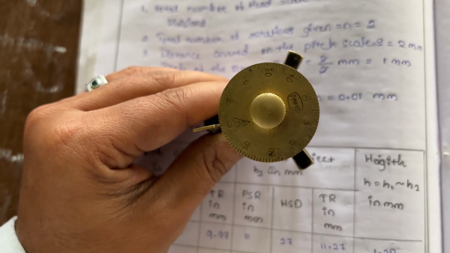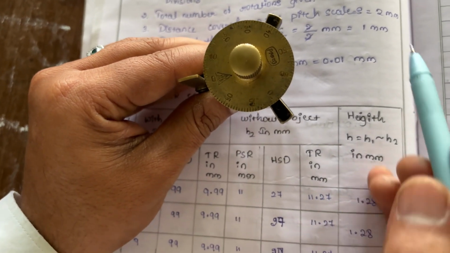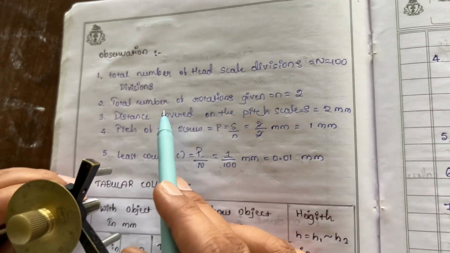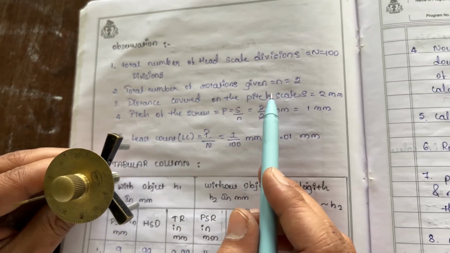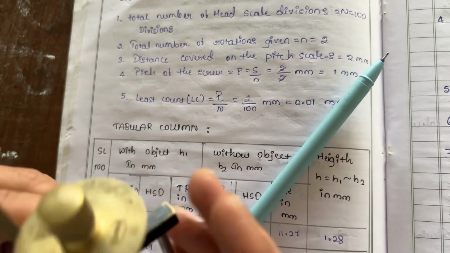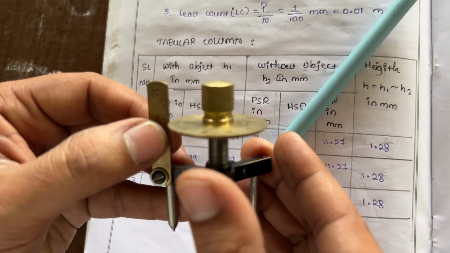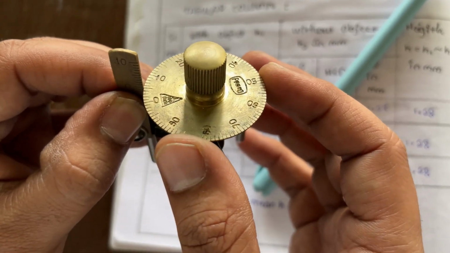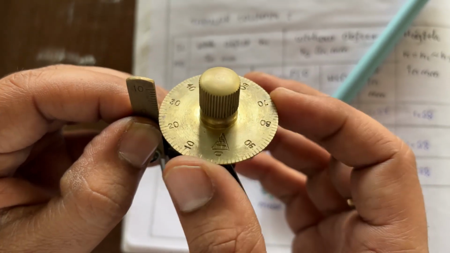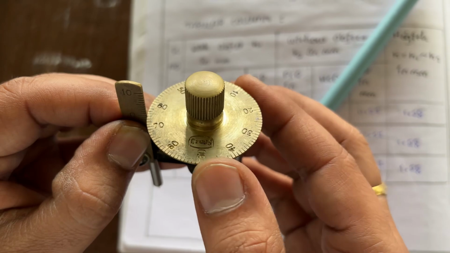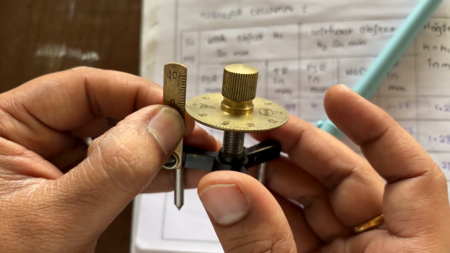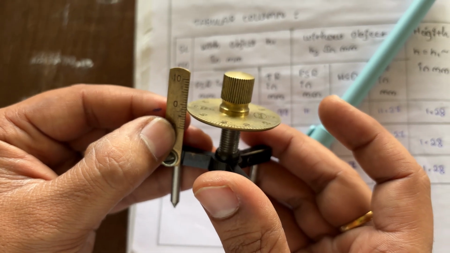The total divisions are 100, and the total number of rotations given. Here I am giving 2 complete rotations. Here 0 is at the 9th division. Now I will rotate once. One division movement we are observing here.